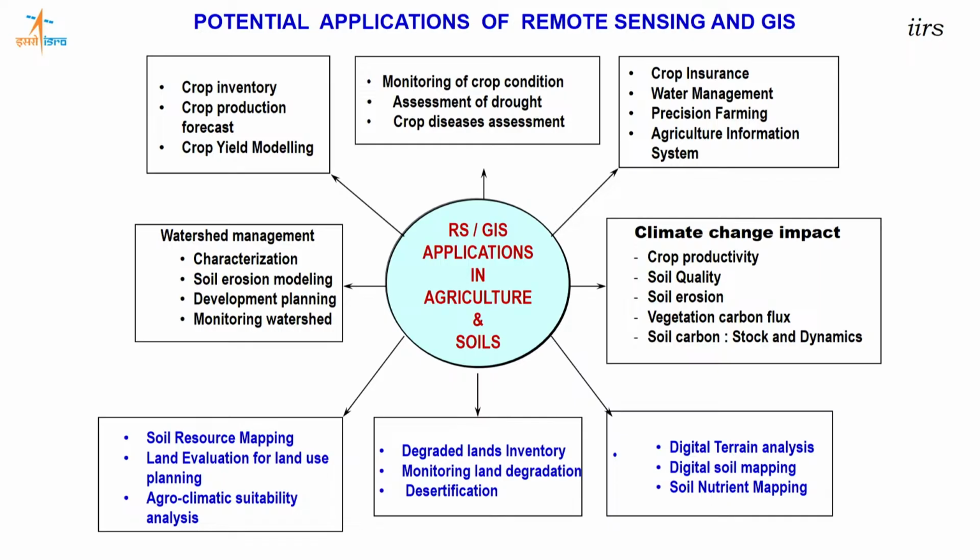So it can give you information about fertilizer management, and that is precision agriculture. Means precisely you use your resources to enhance or optimize your crop production.